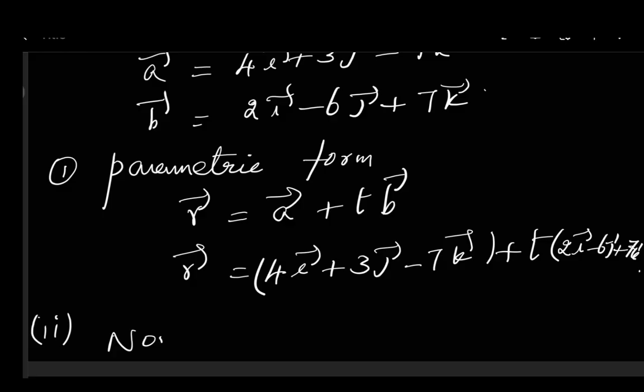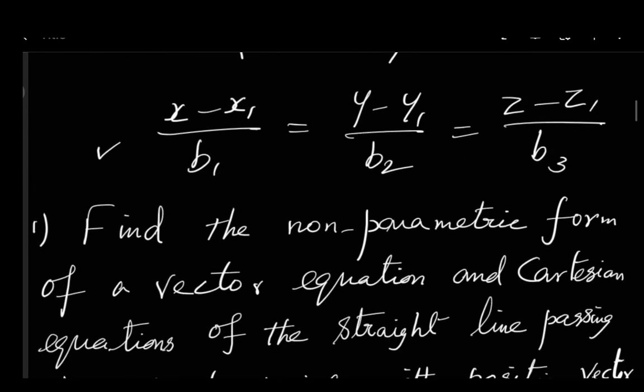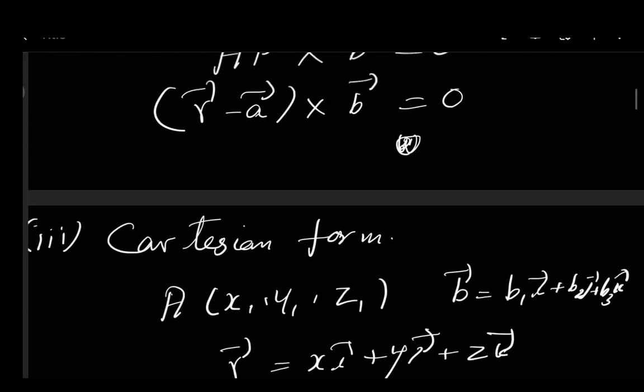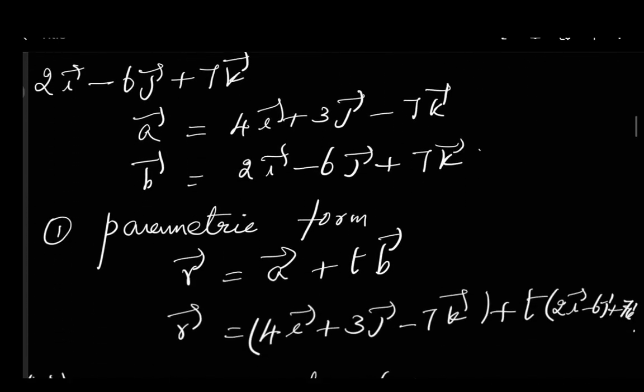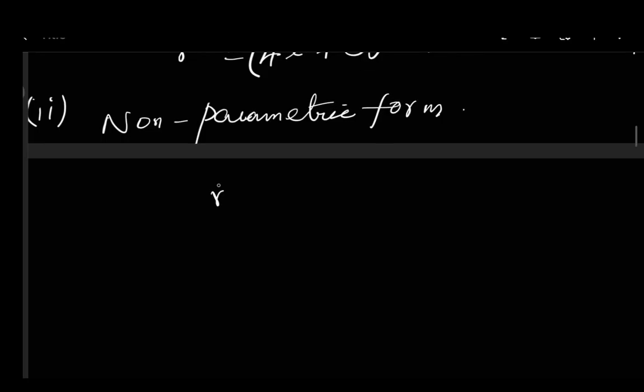Next is non-parametric form. So what is non-parametric form? Representing in the Cartesian product, vector r minus a cross vector b is equal to 0. So substitute that r vector.